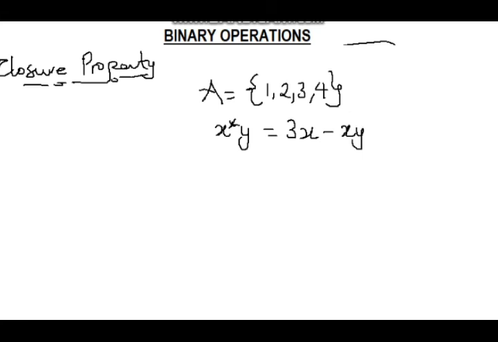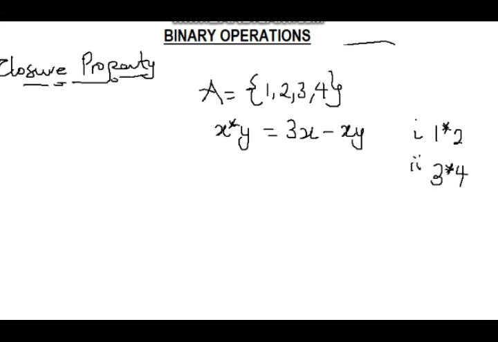Now we are checking whether this is closed or not using 1 star 2 and also 3 star 4. The answer for 1 star 2 should be in the set. If it is in the set and 3 star 4 is also in the set, which means that it is closed. If it is not in the set, then it is not closed.